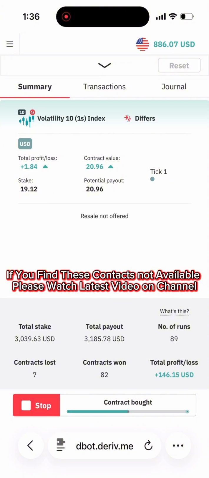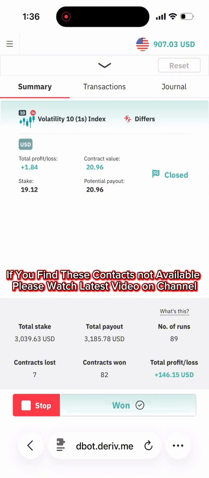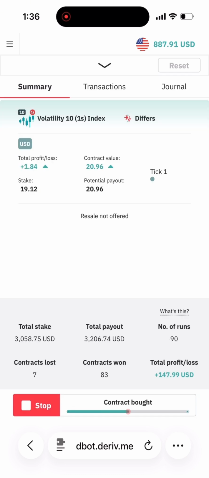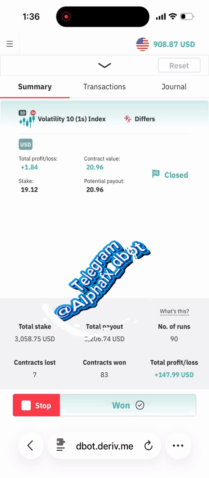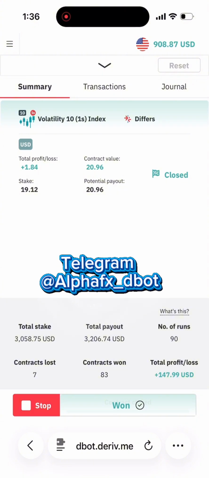After launching our premium bot, the system started executing trades according to its program rules. Within approximately 16 minutes, the take profit target was reached. During this session, the bot executed around 123 trades. Out of those trades, 113 were successful, while 10 trades resulted in losses.